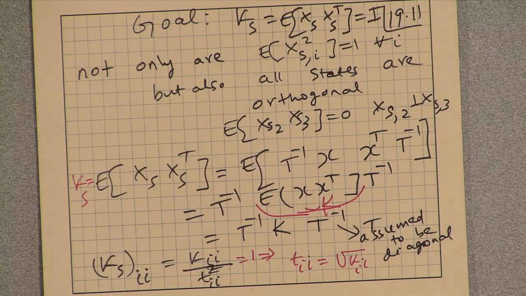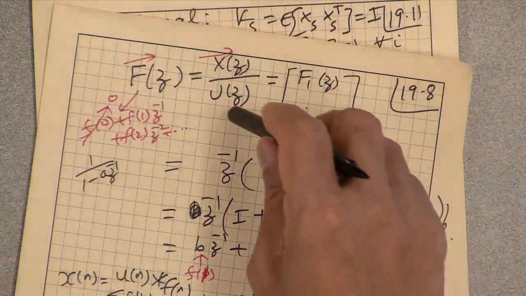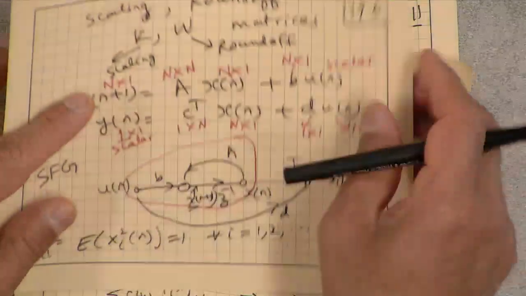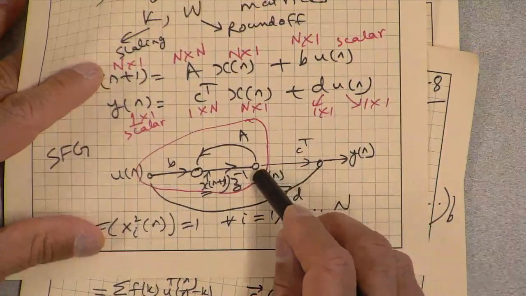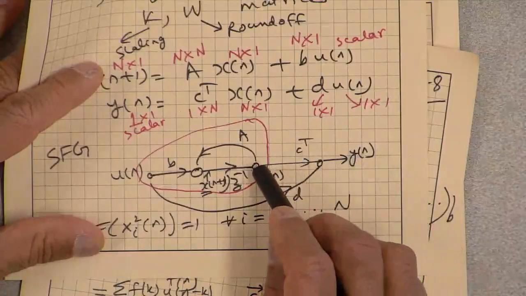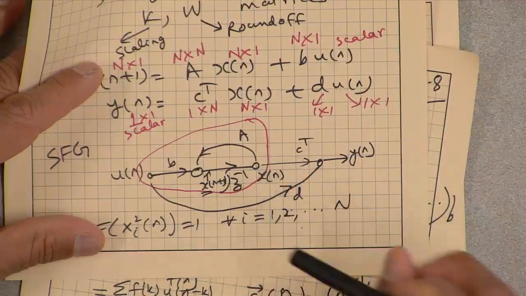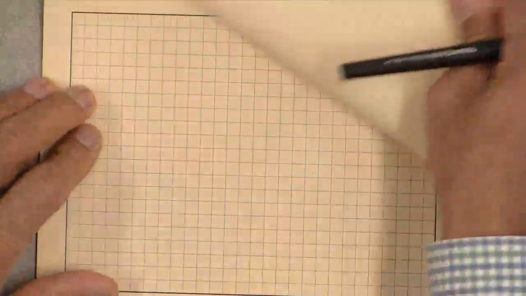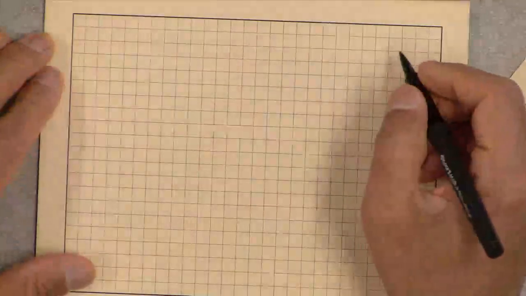In order to compute K, we computed the transfer function from the input to the state. And in order to compute W, we need the transfer function from x to the output.